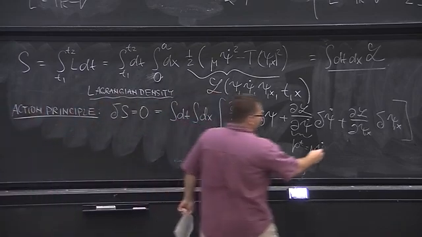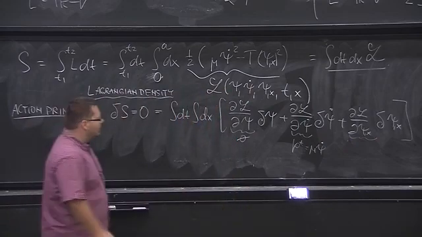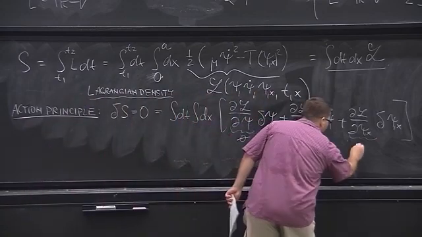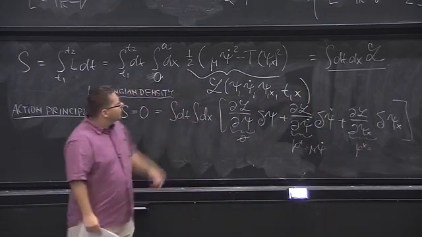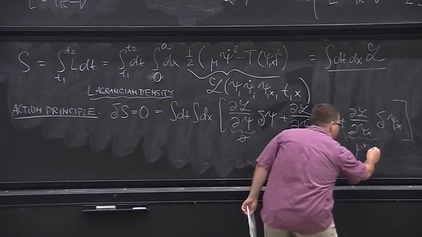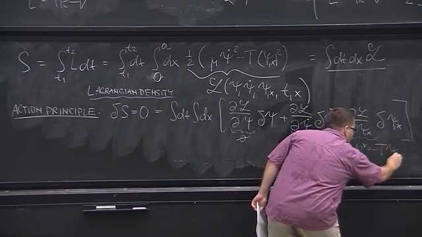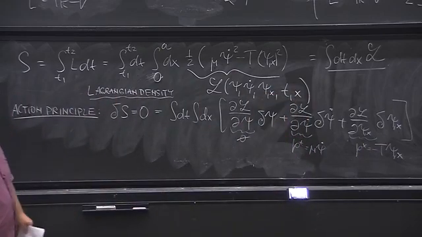Similarly, now we have the derivative in the x direction, so let's call it p_x. You differentiate this thing, it's just minus T ψ_x. Everybody happy so far?